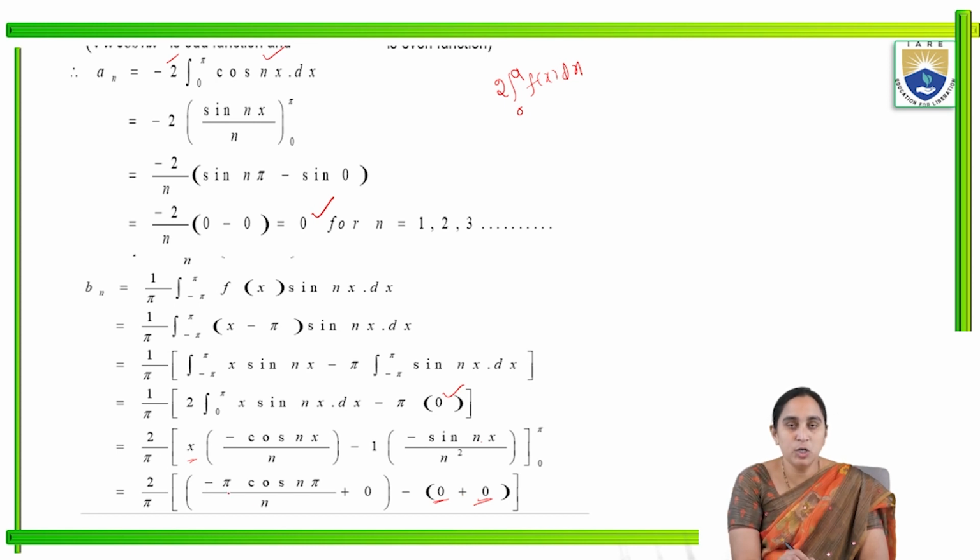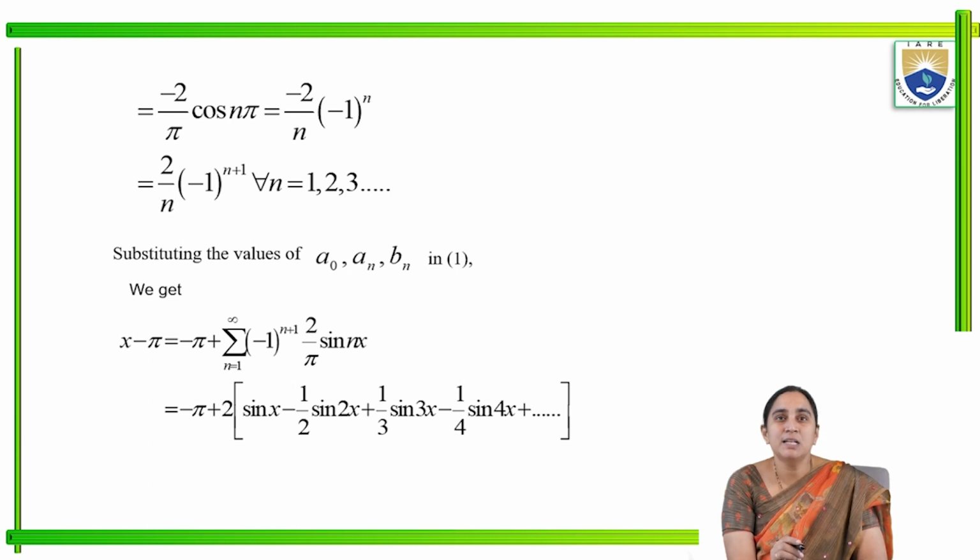Then 2 by pi into minus pi cos n pi by n. We know that cos n pi value is minus 1 whole power n. That is minus 2 by n into cos n pi. There substitute the cos n pi value, minus 1 whole power n.